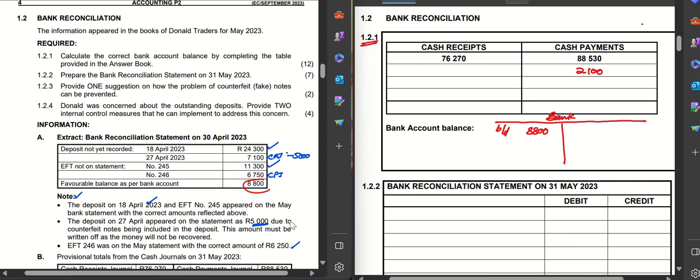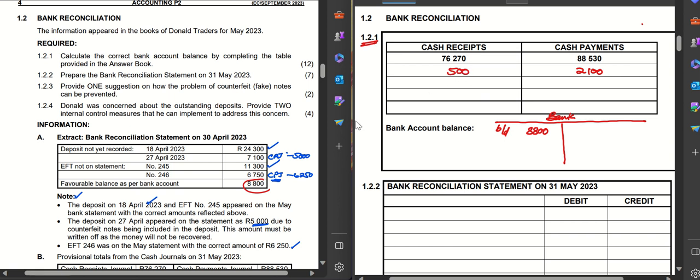If I get the difference between 6,750 and 6,250, the difference is 500. That simply means we have 500 more in the CPJ. And if your CPJ is more, you record the difference in the CRJ. So you come here, then you say 500 over there.